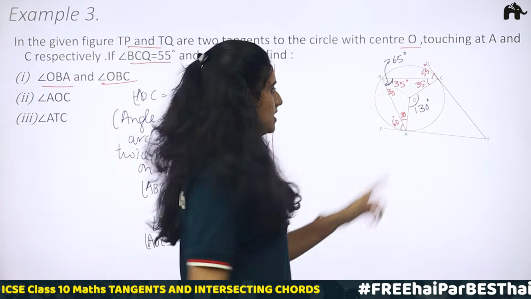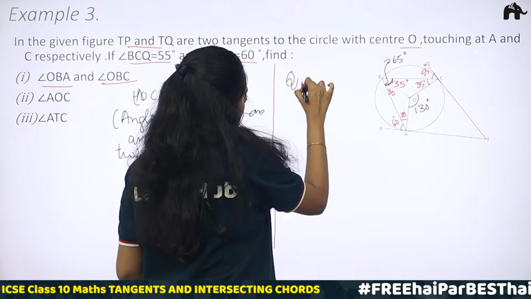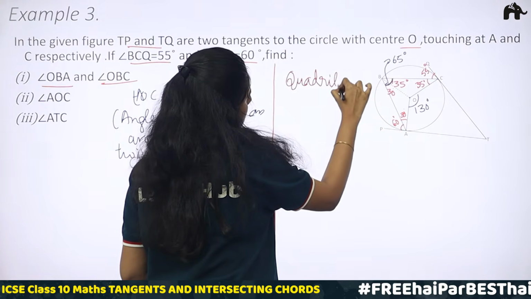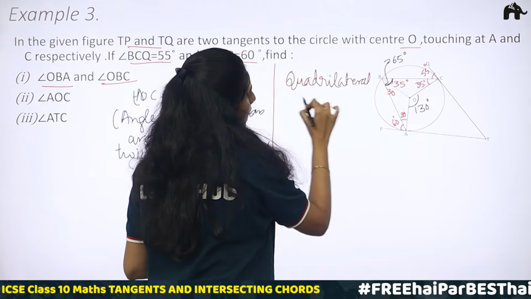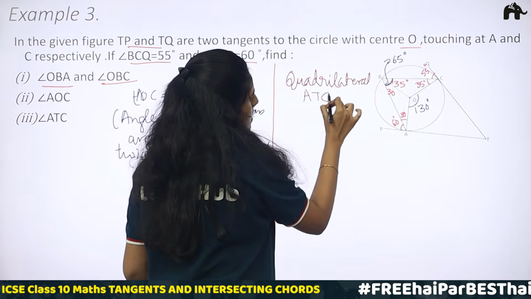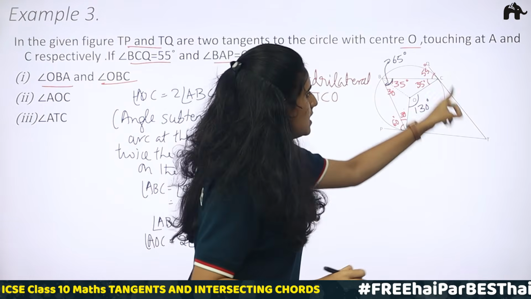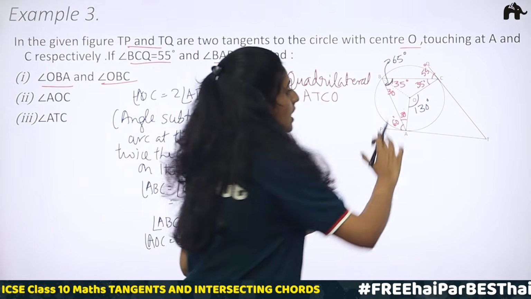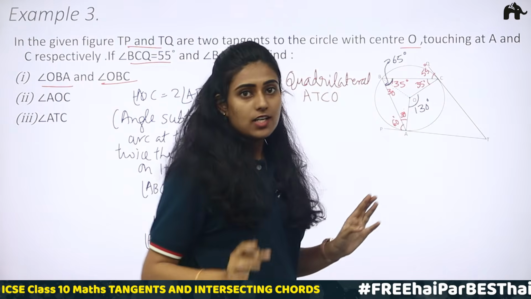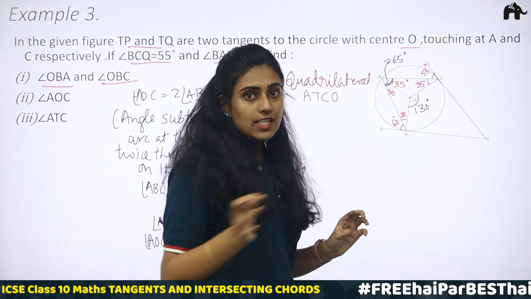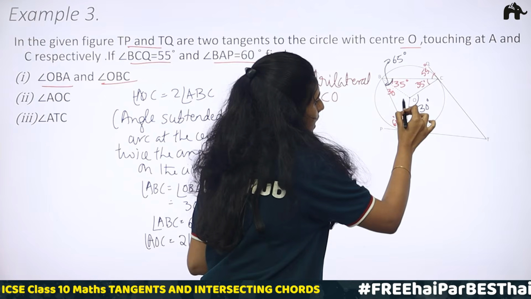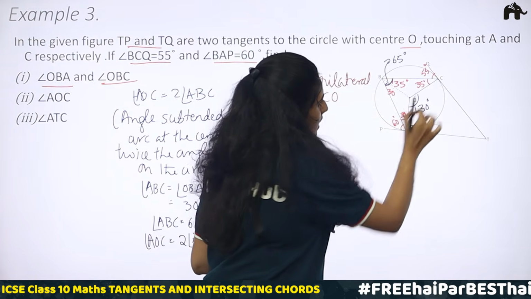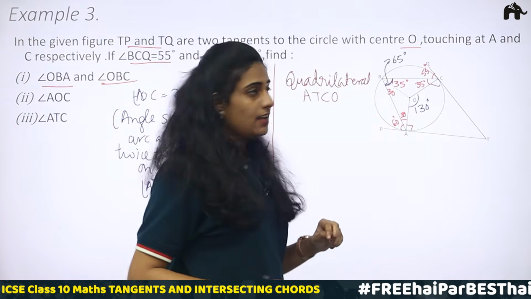To find ATC, consider quadrilateral ATCO. We know that the sum of the angles of a quadrilateral is equal to 360 degrees. Here we have this angle 90 degrees and this angle 90 degrees. Why?